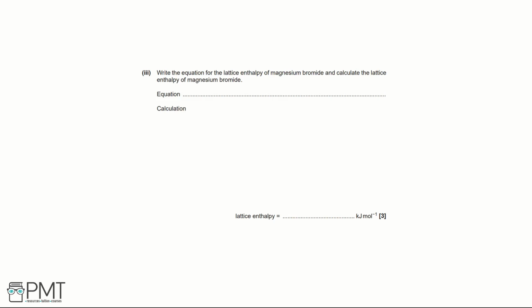Part 3. Write the equation for the lattice enthalpy of magnesium bromide and calculate the lattice enthalpy of magnesium bromide. So let's start with the equation for the lattice enthalpy of magnesium bromide. So this is a little bit of recall in terms of what a lattice enthalpy equation is. So it's where you get your ions, so Mg2+ as a gas, and Br- as a gas, and you form your solid.